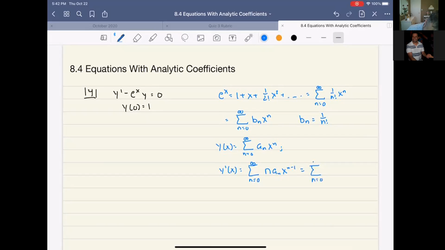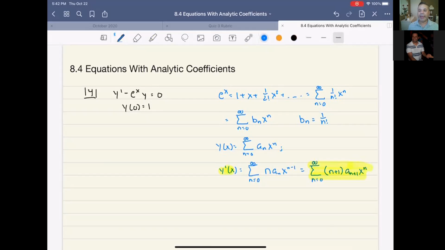N goes from 0 to infinity. Shift it right, shift it back. We remember that our first term that's non-zero is when n equals 1. So we're going to need to shift this to n plus 1, a sub n plus 1, x to the n.